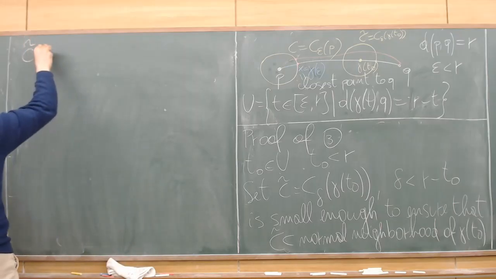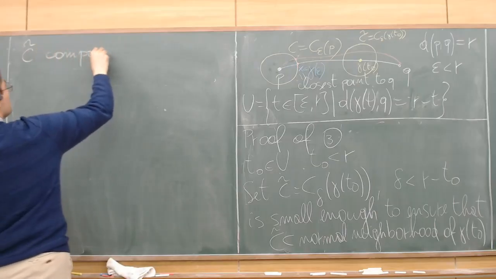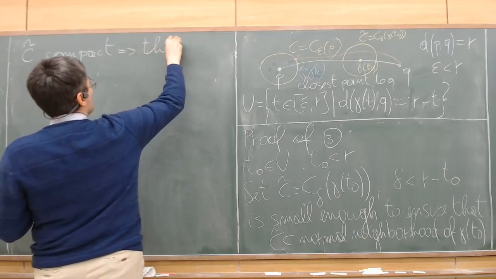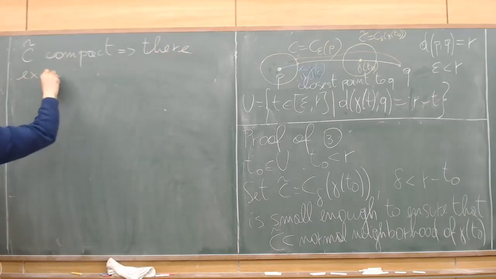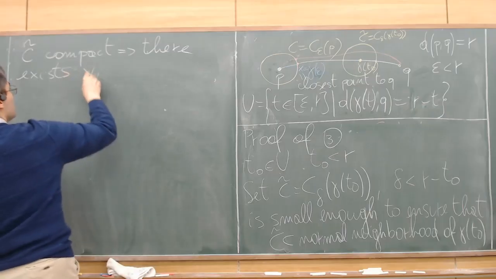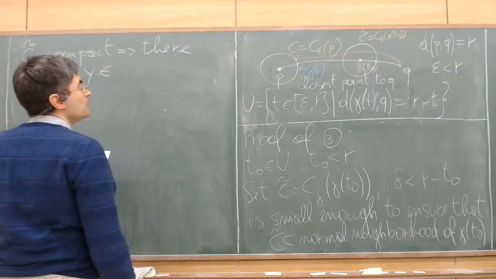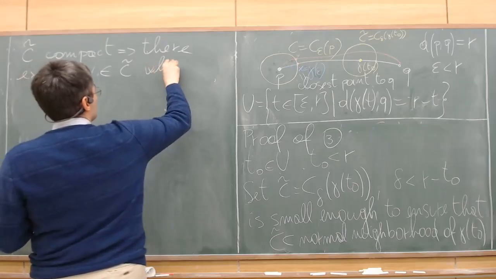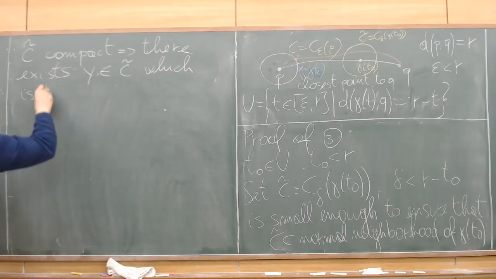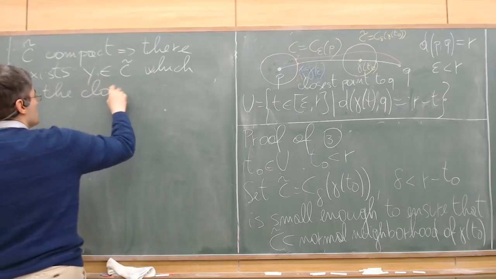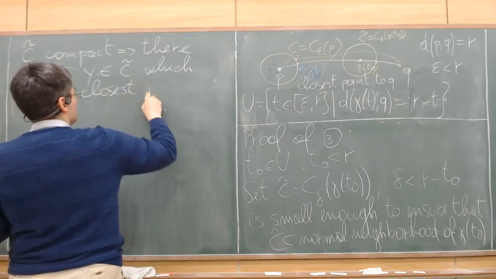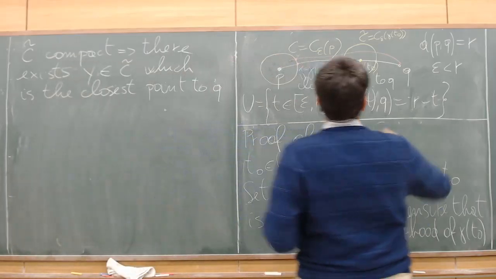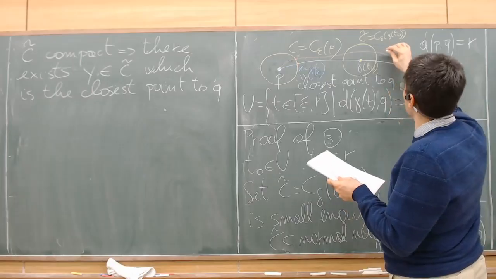C tilde compact implies there exists Y in C tilde which is the closest point to Q. So we have Y, for example, this one.